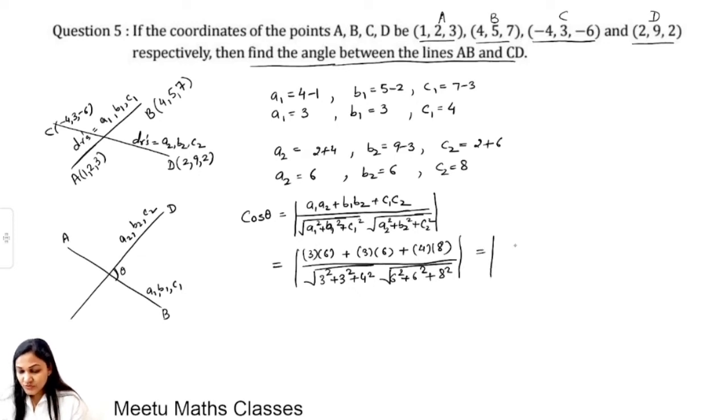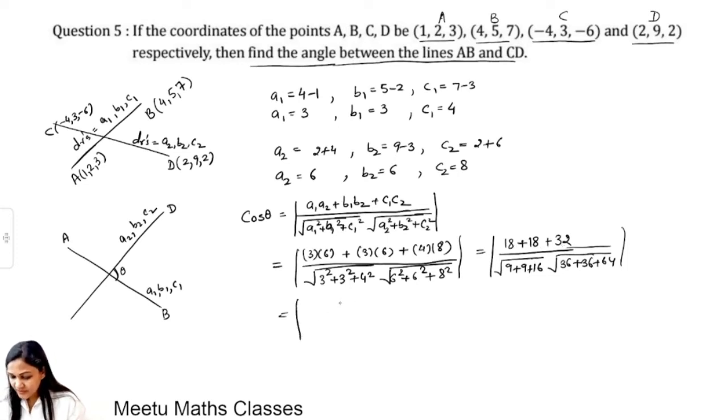That is equal to 18 plus 18 plus 32 divided by square root of 9 plus 9 plus 16 and square root of 36 plus 36 plus 64, and this is equal to 68 divided by square root of 34 and square root of 136.